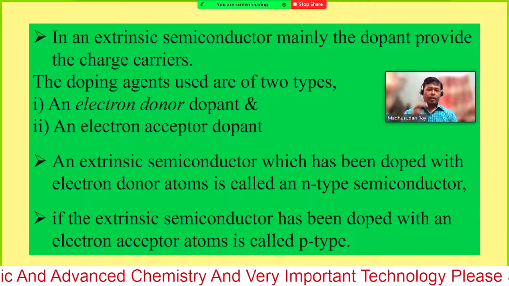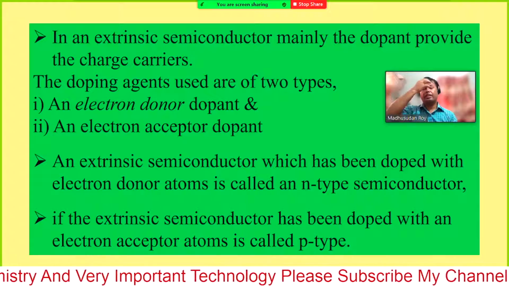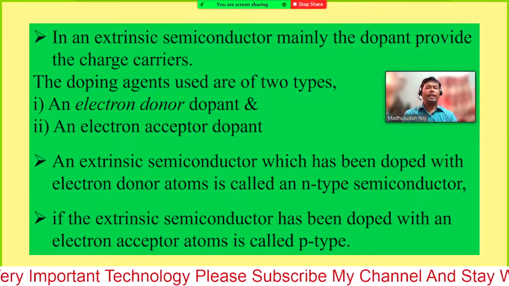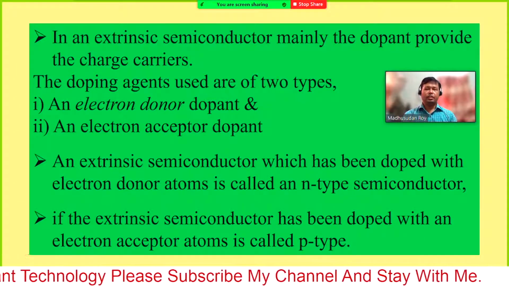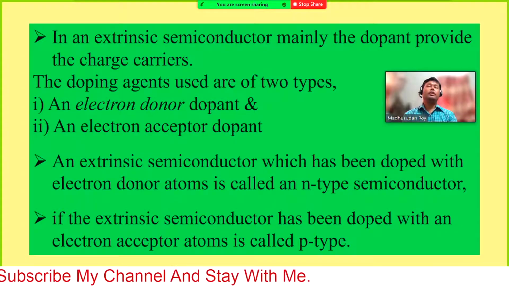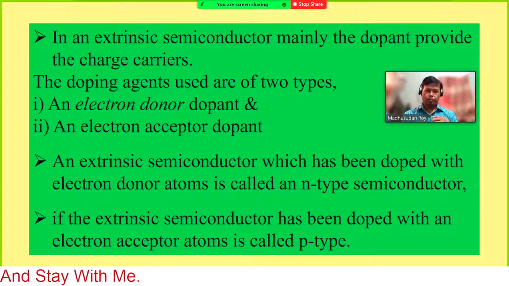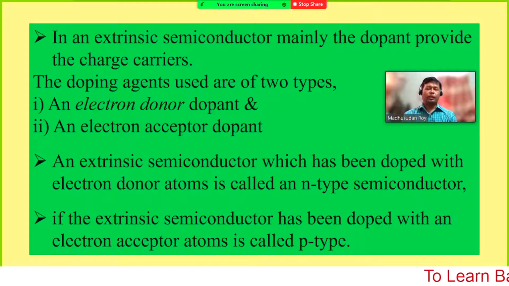If you have one shortage of electron, we consider this a hole, and if you have a free electron, then it is an excess electron. This excess electron, or the hole, is considered the charge carrier. That means whatever transfers the electron is considered a charge carrier.